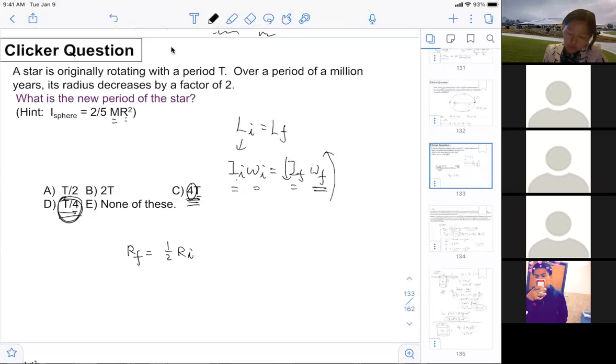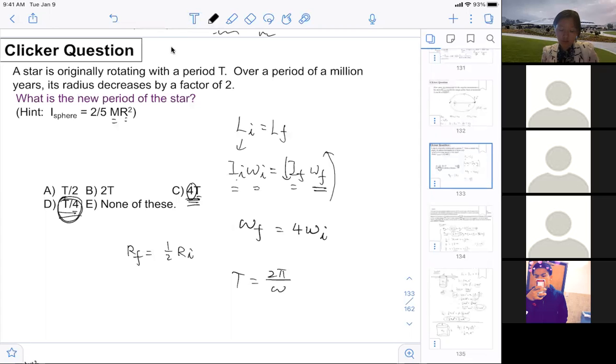I don't quite understand the question. I think if omega is 4 times omega initial, here we're just talking about rotating around yourself, a spin around your own center of mass axis. So if I'm spinning faster, wouldn't T, because T is 2 pi over omega, right?